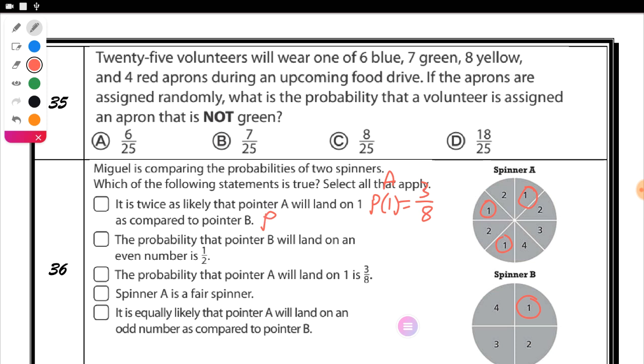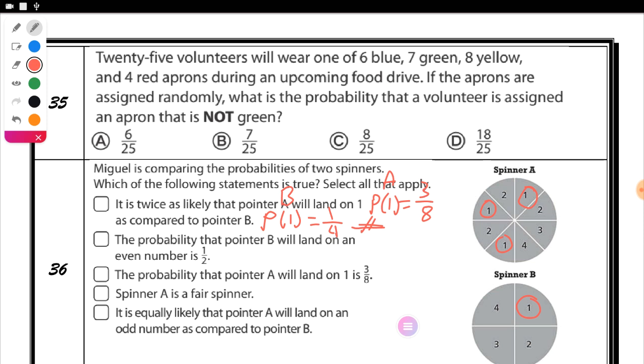So probability of 1 on spinner B equals 1 over 4, which is not twice. So it's wrong. We can't choose it.